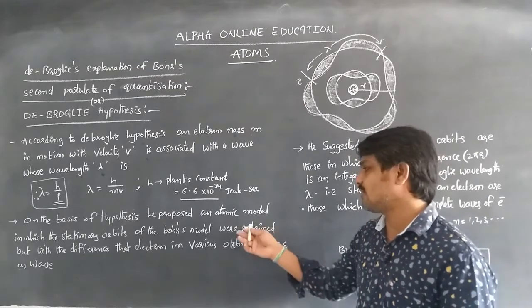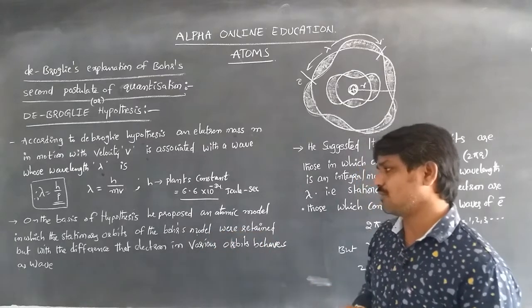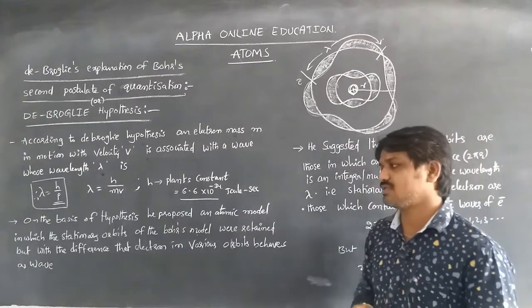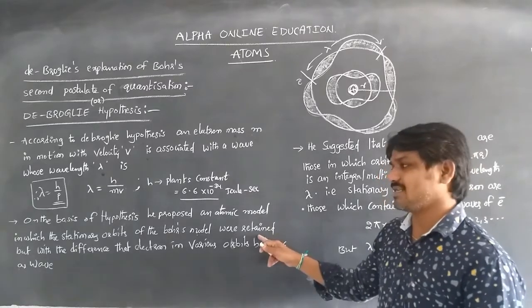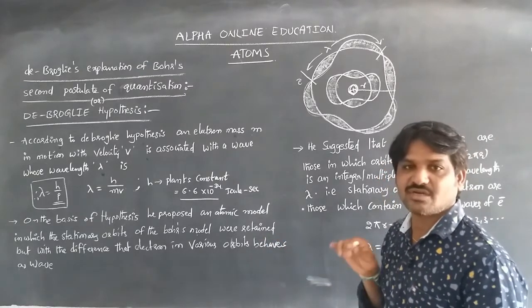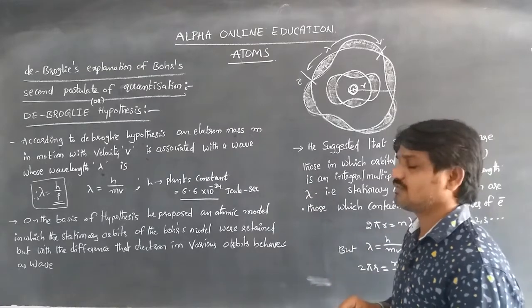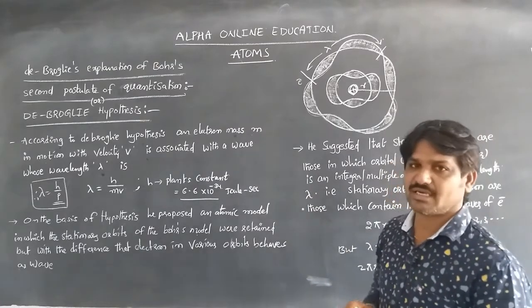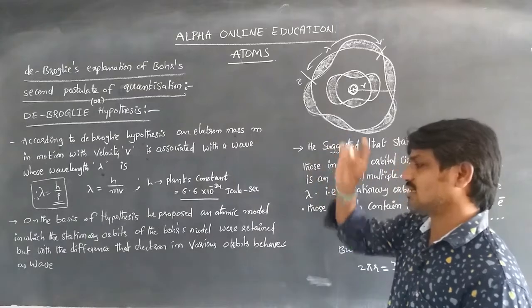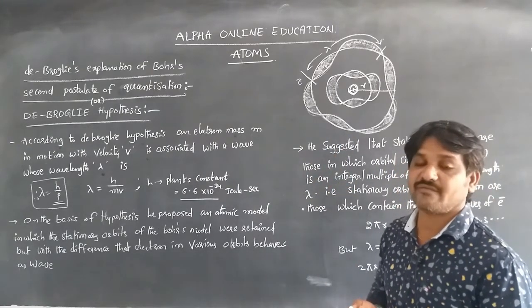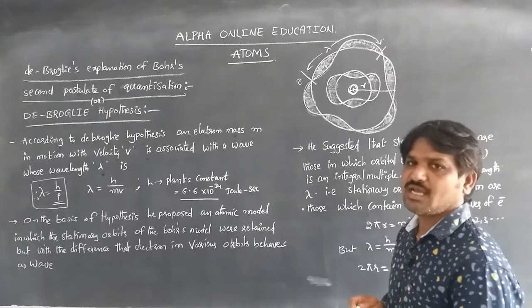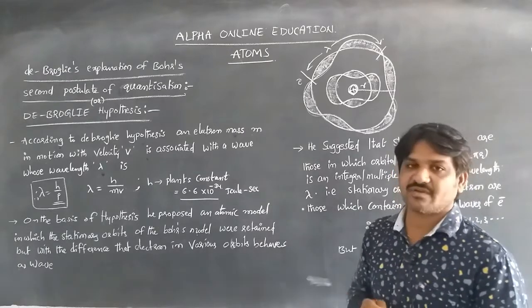So according to the Bohr's model, the stationary orbits were retained, because whenever it is moving in the stationary orbit, its wavelength can be counted only when it completes its circumference, which will be 2 pi r, otherwise destructive interference will happen.